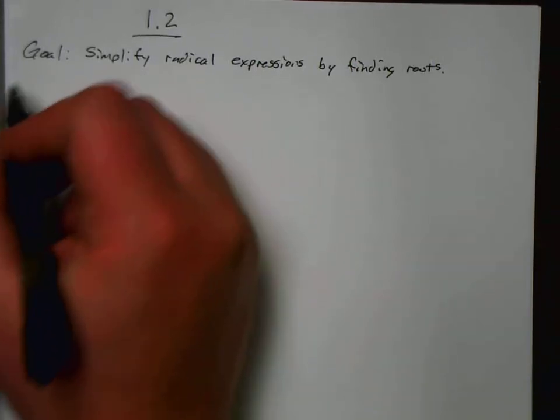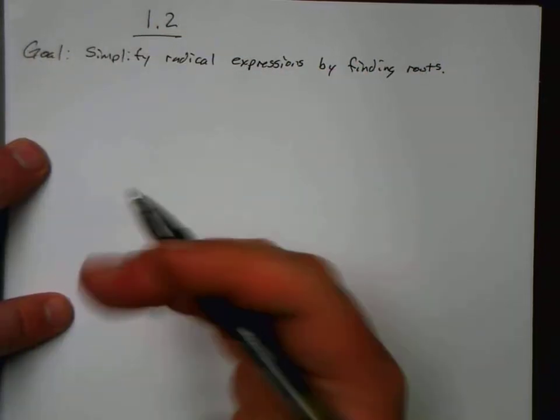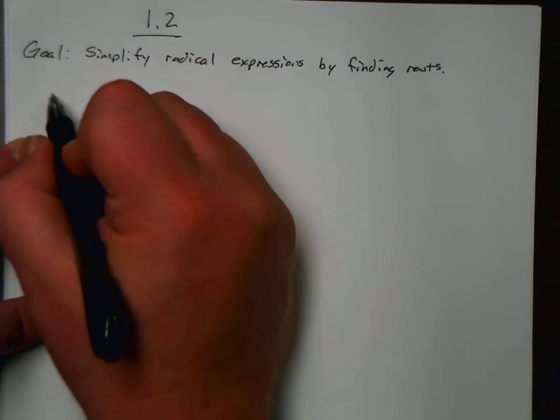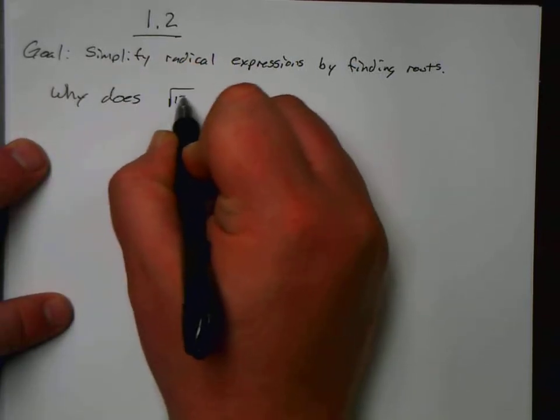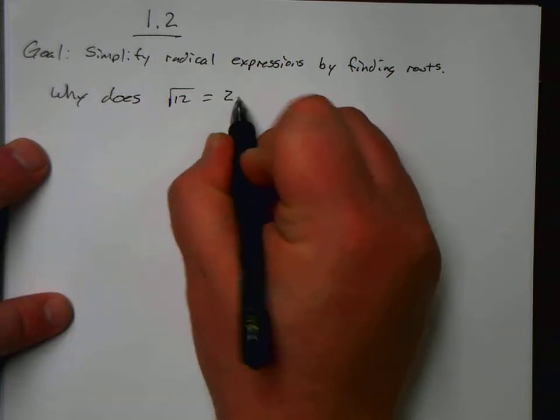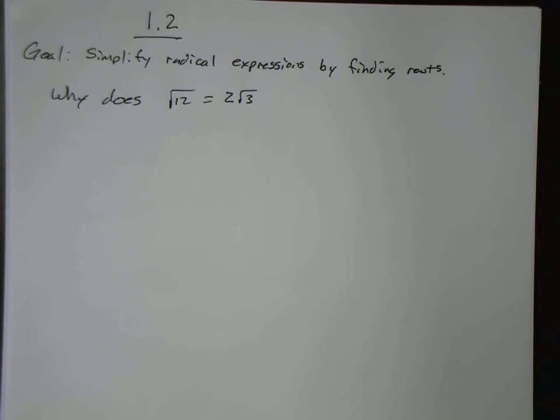So what is this really saying? Ultimately, your goal is to figure out why the square root of 12 equals 2 square roots of 3. That should be pretty interesting.